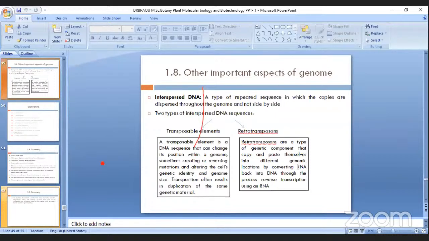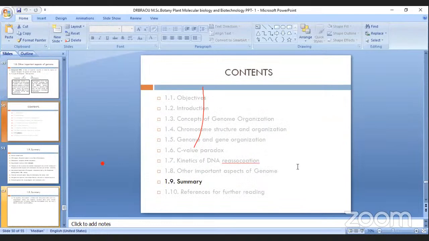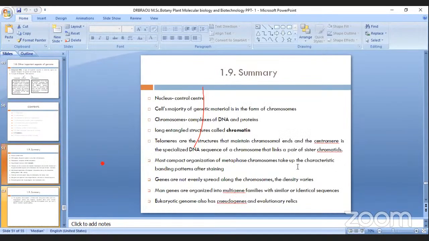Long entangled structures called chromosomes are formed, and after DNA duplication you can see two sister chromatids, which are connected to each other by the centromere. What is a centromere? The connection in between is called a centromere, with which the two sister chromatids are paired.